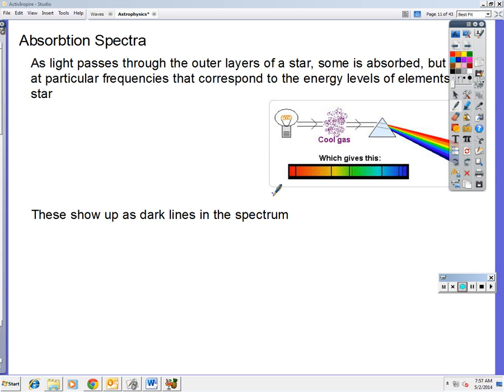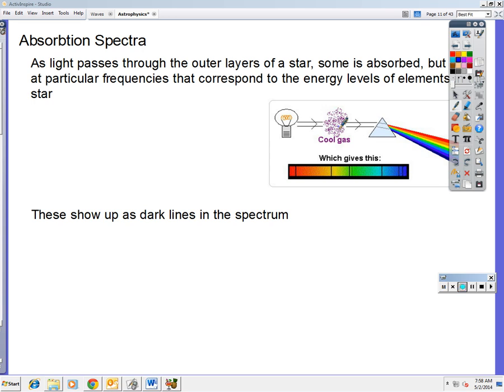It's a lot like absorption spectroscopy that we talked about in quantum mechanics, where the star emits light at all different frequencies, and then you have a relatively low temperature gas at the outside of the star. Particular frequencies are absorbed, and which frequencies those are depends on what elements are present in the gas.